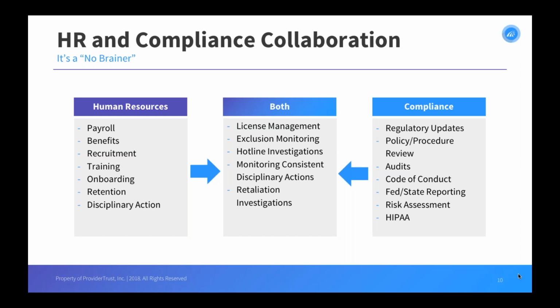As we're having disciplinary actions, are they consistent across our organization, between departments? Are we implementing disciplinary actions in a fair and consistent fashion? And then also retaliation investigations. We certainly all have what we would consider non-retaliation organizations. But unfortunately, those allegations happen, and HR and compliance are both very involved in completing those investigations.